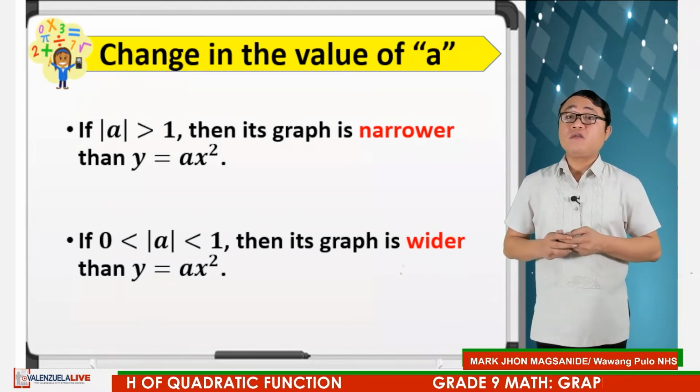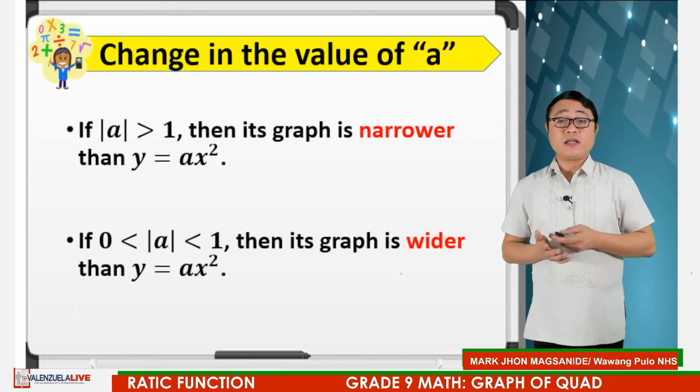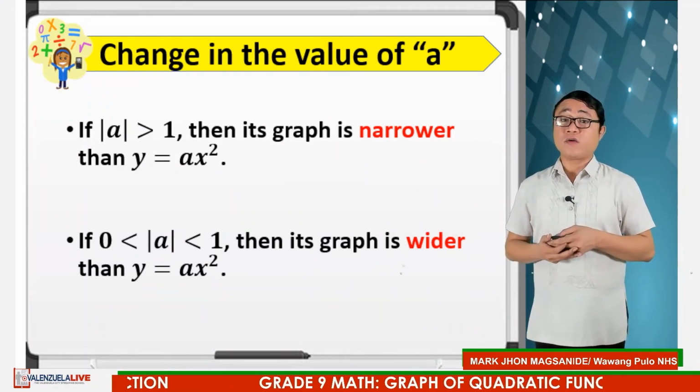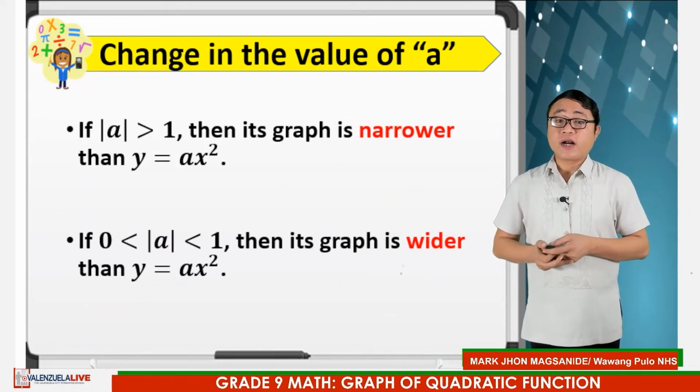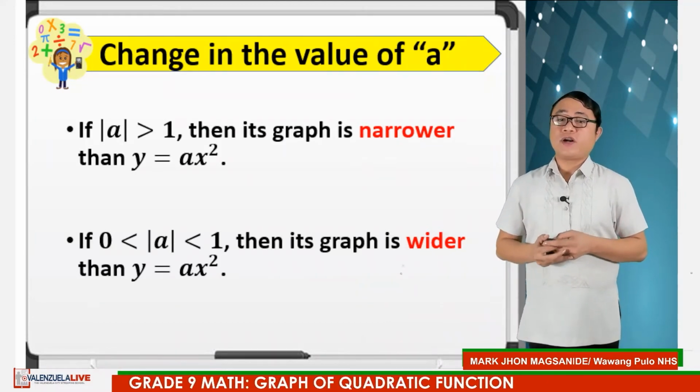If the absolute value of a is greater than 0 but less than 1, meaning to say, the absolute value of a is between 0 and 1, then its graph is wider than y is equal to x squared.